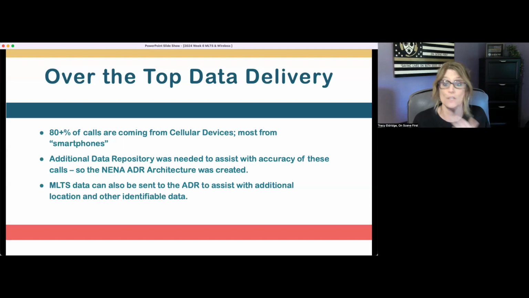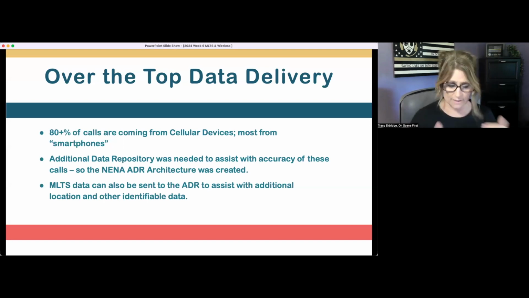Yes, absolutely 100%. And what it's proving to be is one of those central locations where whenever somebody would contact a 911 center and say, hey, we have data we want to deliver to your 911 center, the mindset should be go talk to Rapid SOS, send it to them, and then we will get it from them.